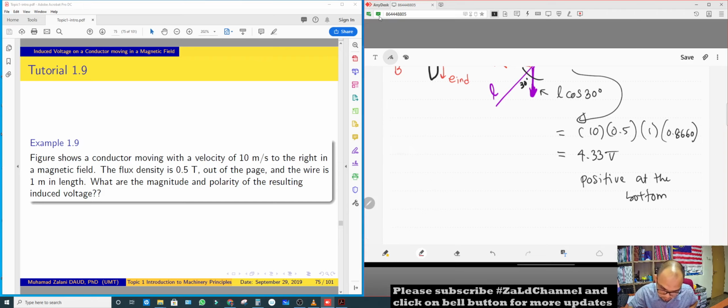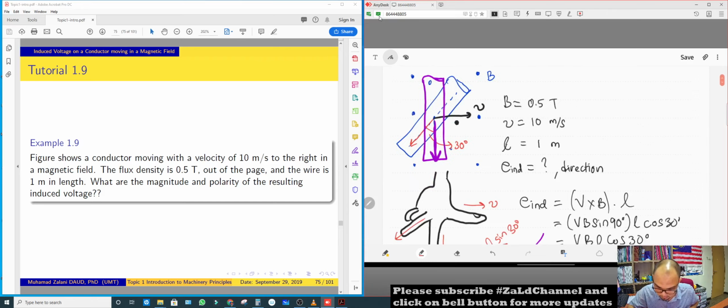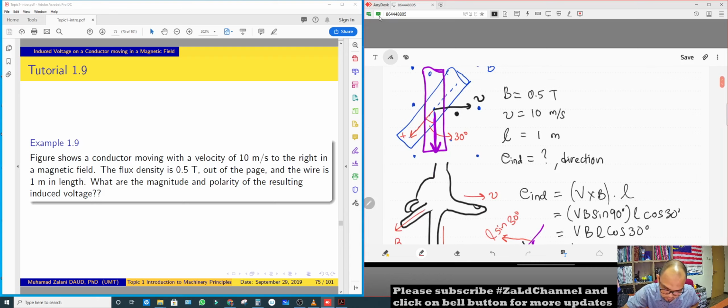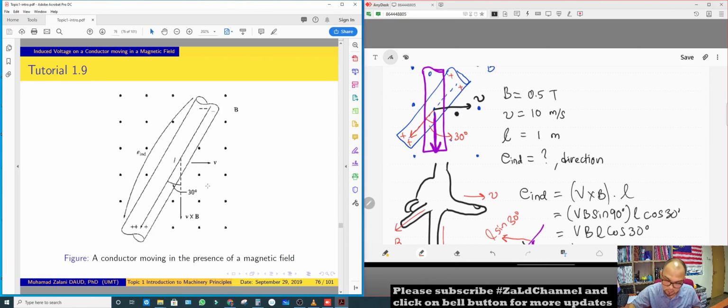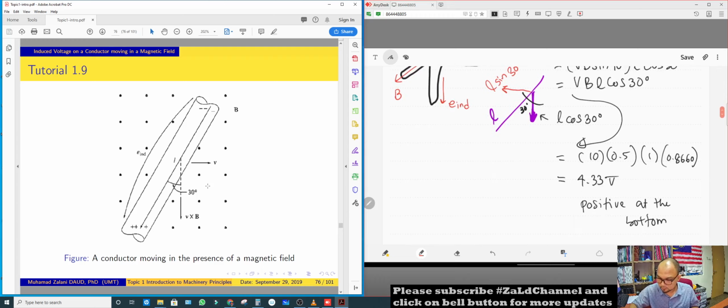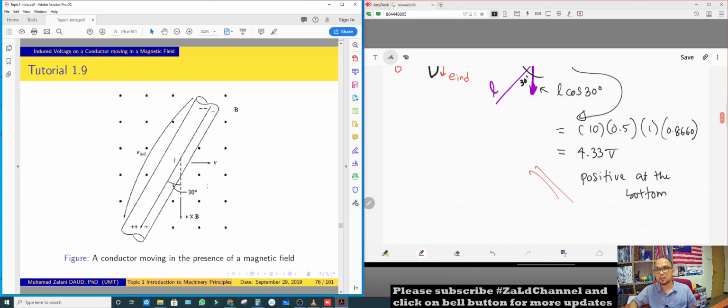So we can just mark it here. Just like the one in the figure, induced voltage is to that direction. That is the direction of induced voltage. So that's all. That is the answer for this tutorial 1.9.